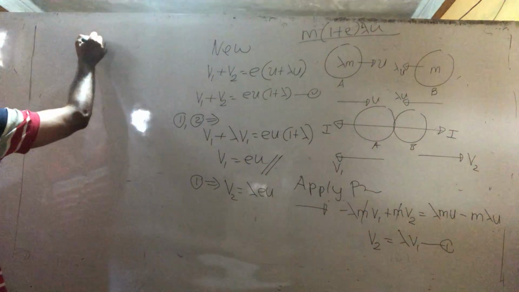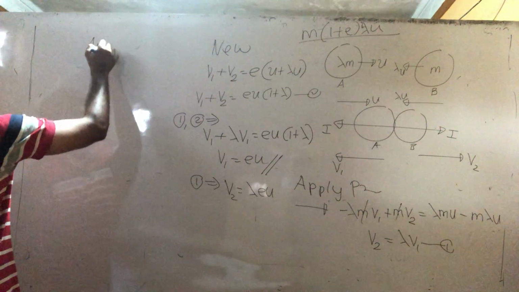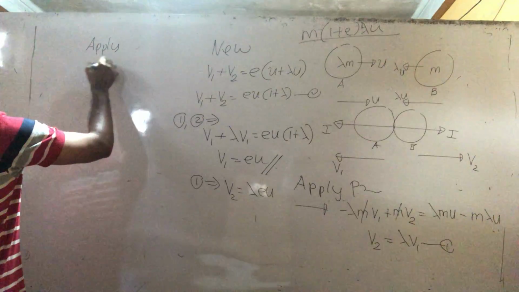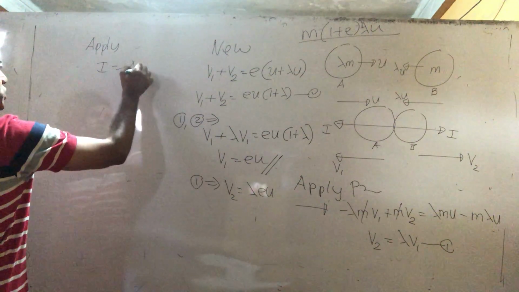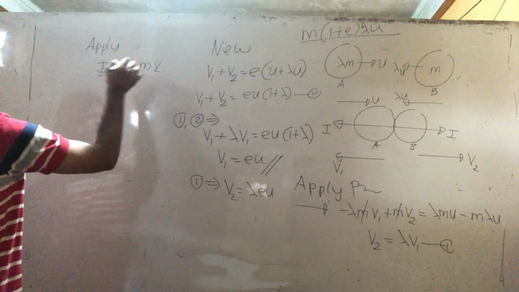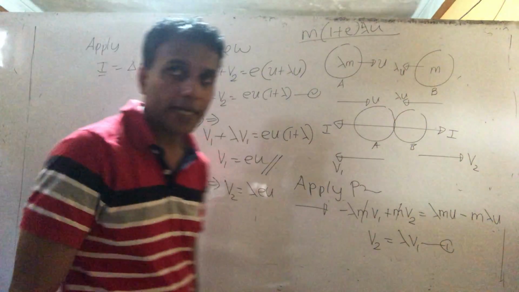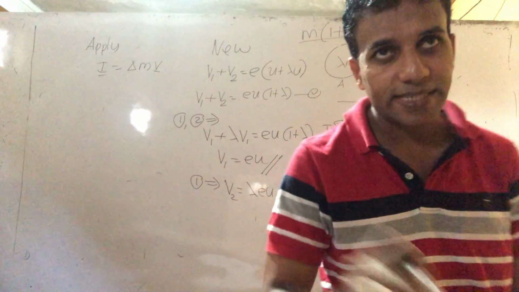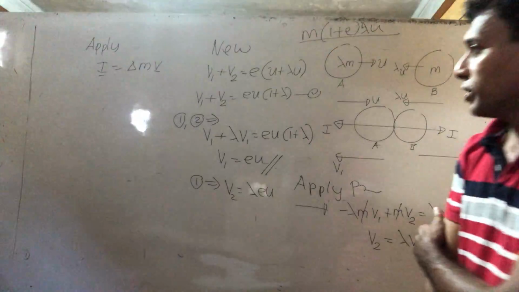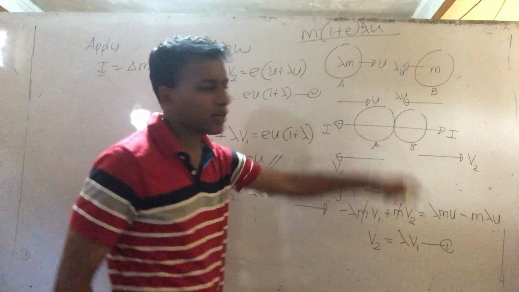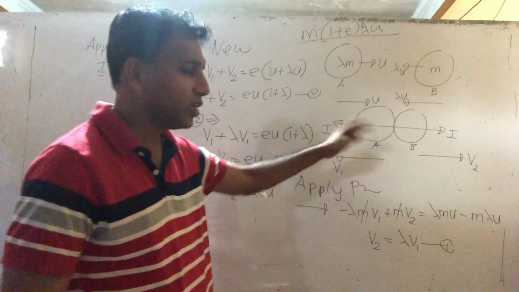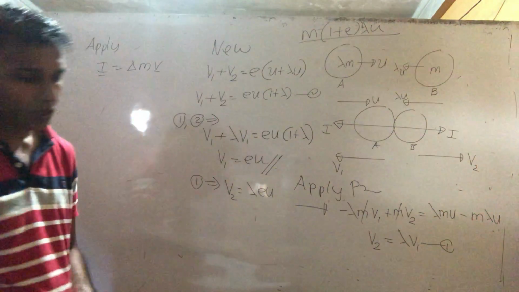So next apply I equals delta mv, the change. It is a vector equation. Instantaneous change is called delta. We can apply it for any one of these particles, either A or B, and get the answer.